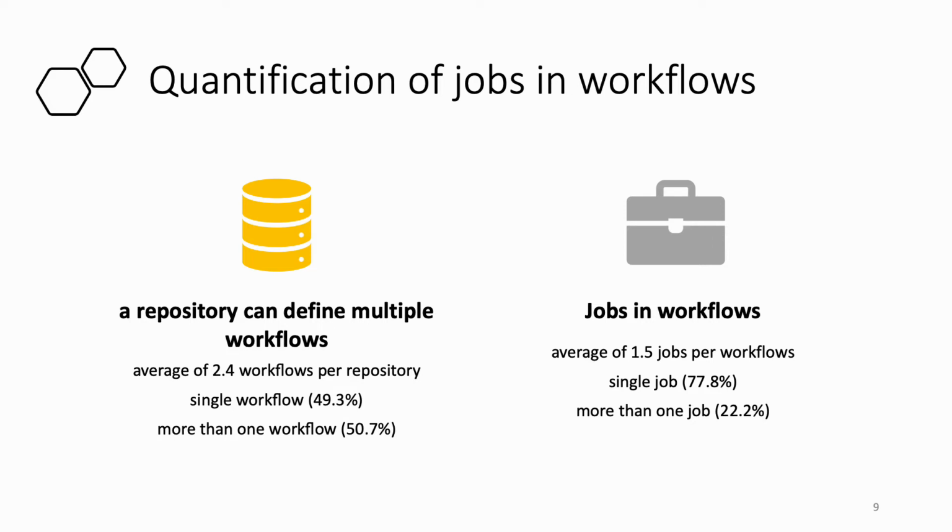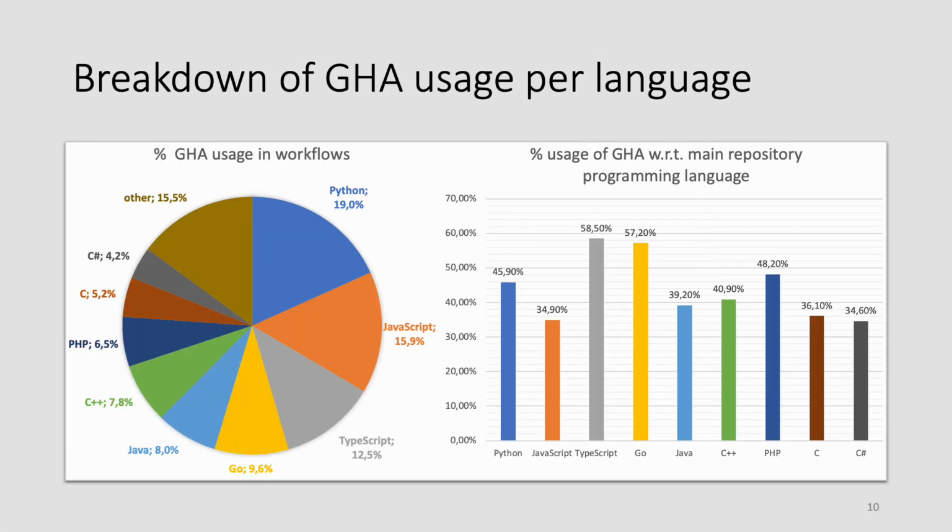And about jobs, on average you see 1.5 jobs in each workflow. 77% of the workflows contain only one job, and only 22% of them have more than one job. As a first step after data gathering, we decided to study GHA usage per programming language.